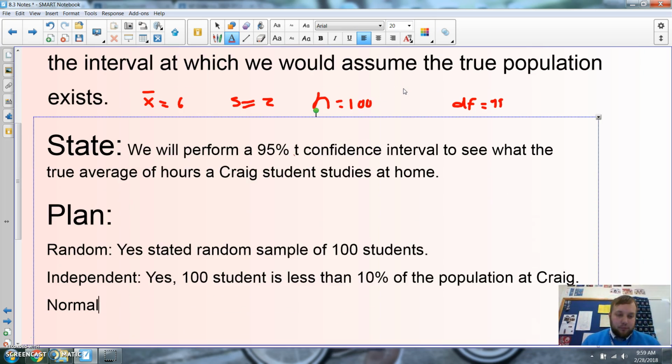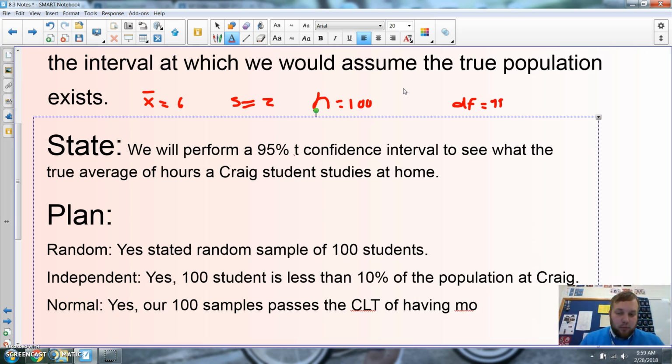Is it normal? And I would say yes. Because our 100 samples passes the central limit theorem of having 30 or more samples to be normal.